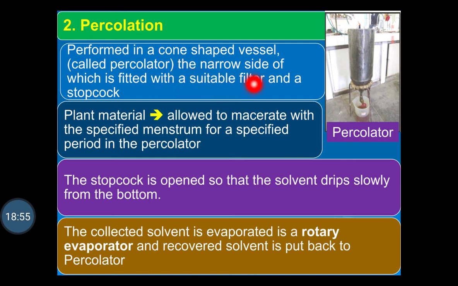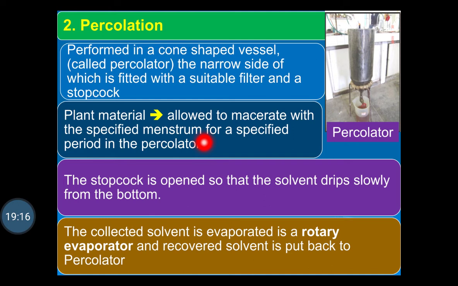So at the bottom there is a perforated bottom and there is a stopcock. The plant material which is to be extracted is taken, allowed to macerate with the specified menstruum for a specified period of time, and then subjected to percolation.